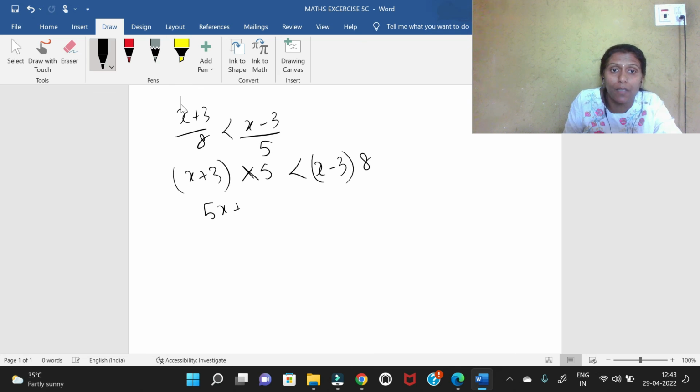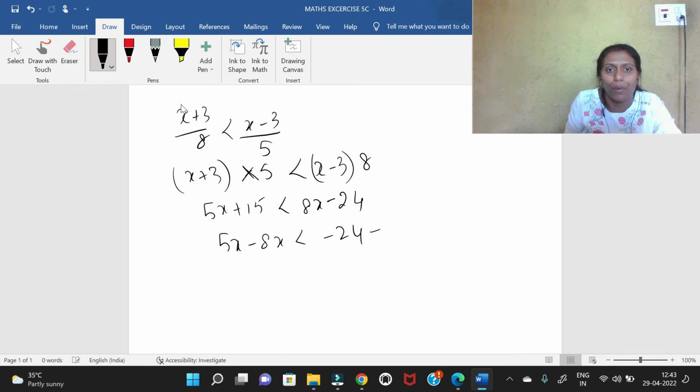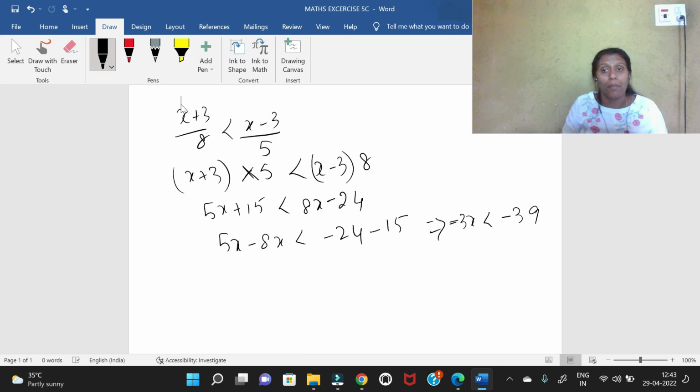It is 5x plus 15 less than 8x minus 24, which is 5x minus 8x less than minus 24 minus 15, which would come to be minus 3x less than minus 39. Now, change the sign: 3x greater than 39.